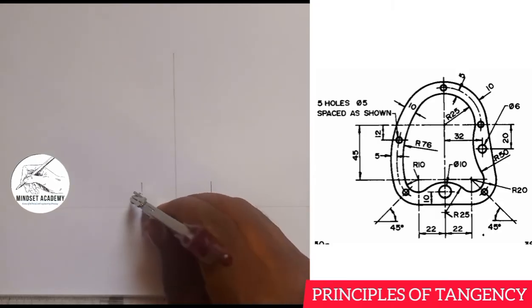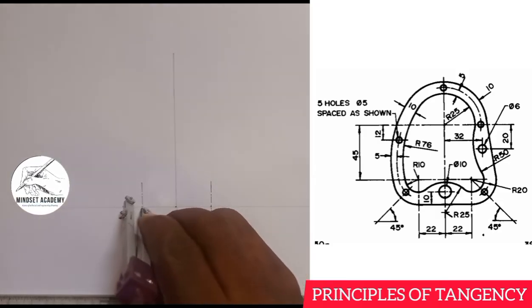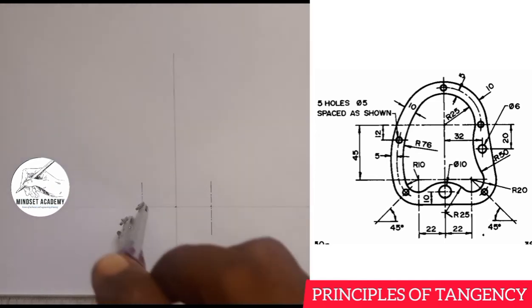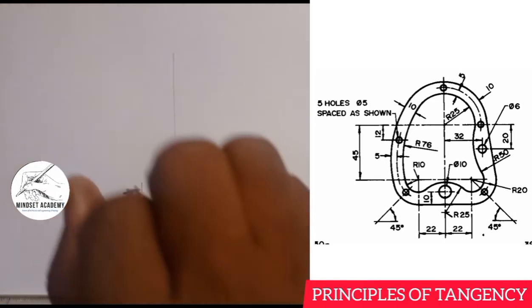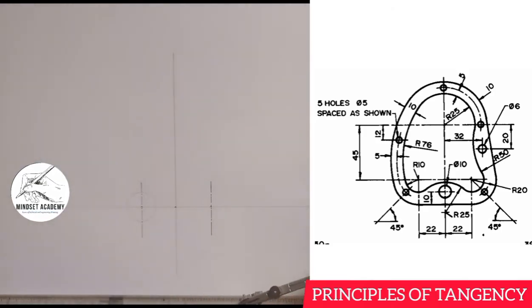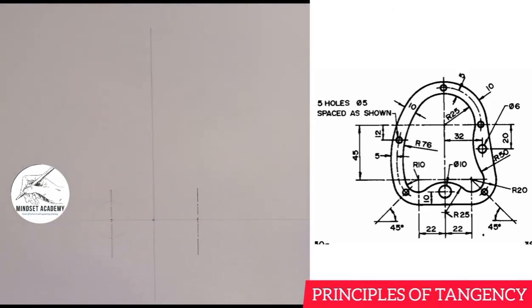I will draw a circle using a faint line first. Let me increase it a little bit so you see what I'm talking about.